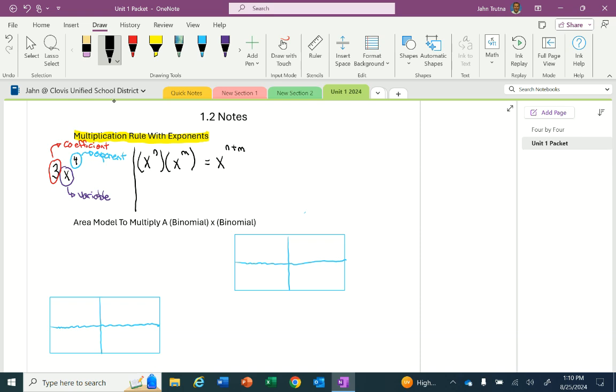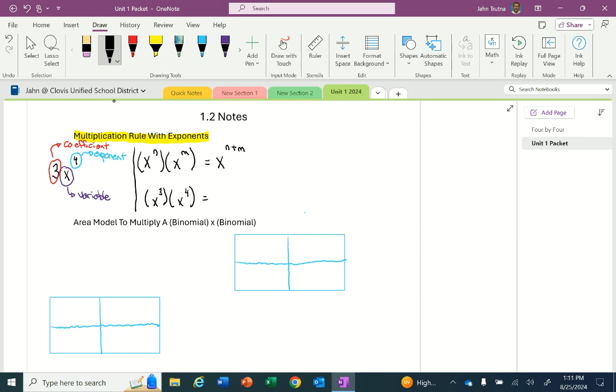So notice that the variables are the same, x and x. And what you do when you're multiplying is you leave whatever the variable is, x, and then you add the exponent values up. So you actually don't multiply the exponent values, you add them up, okay? So in a very easy sense, let's say we have x to the 3rd power, and we are multiplying it with x to the 4th power.